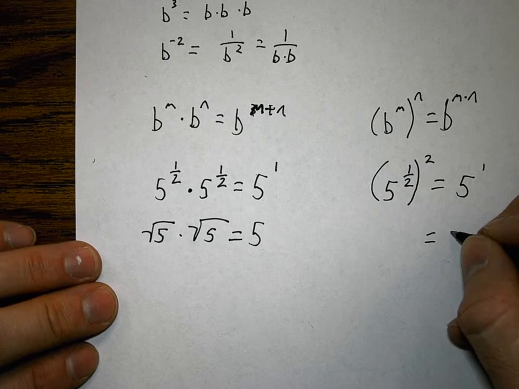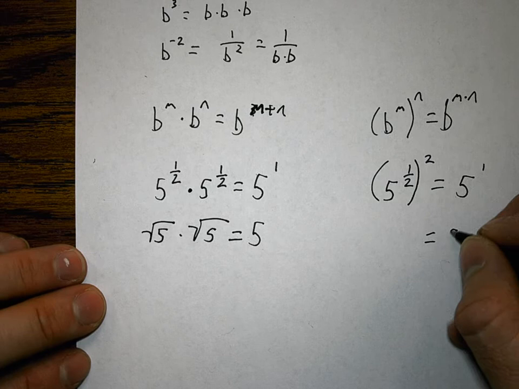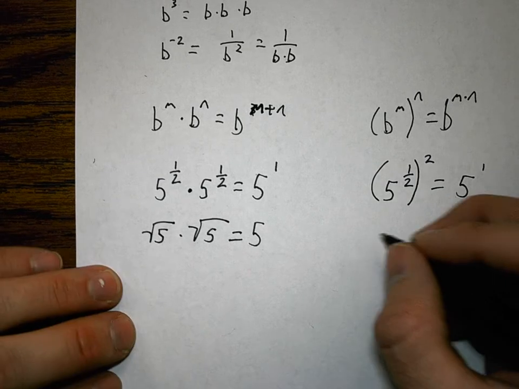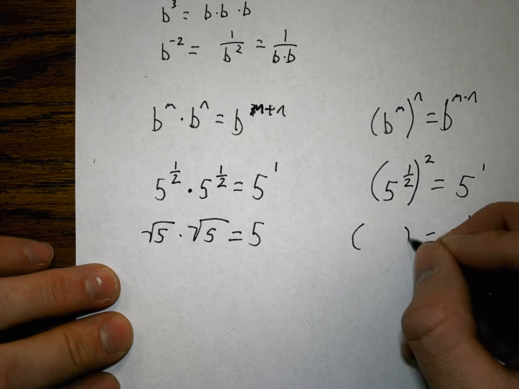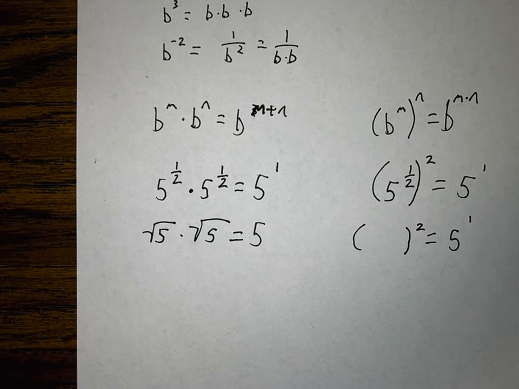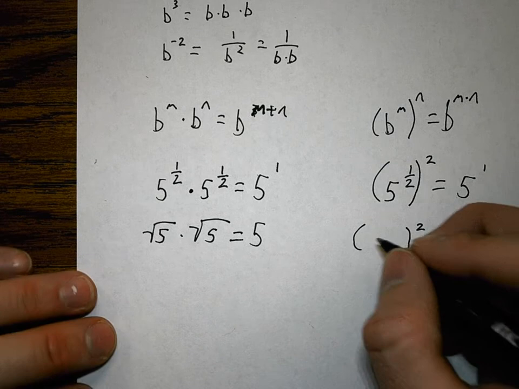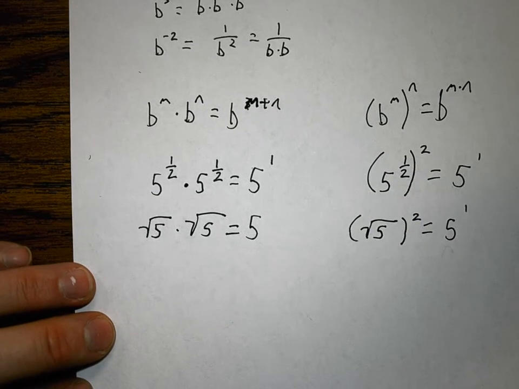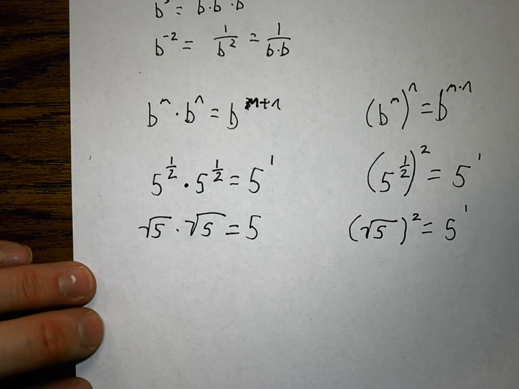Well, 5 to the 1st power means that I'm going to have some number squared that is equal to 5 to the 1st power. Well, if I square the square root of 5, that's just what I get, 5.